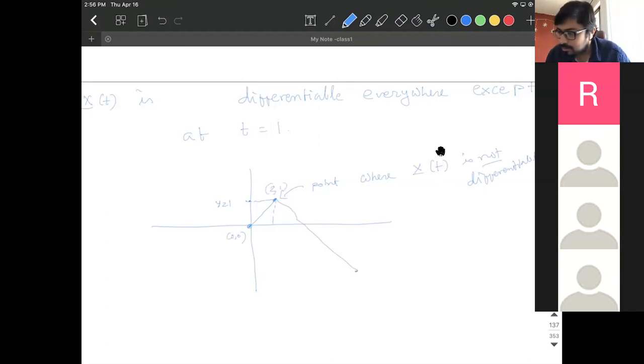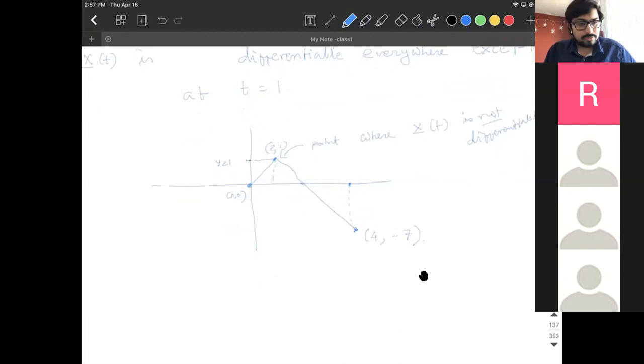And from here it continues up to this point, which is (4, ...). So what is 5 minus 4t? t is 3, so 12 minus 7. Okay, so this is how it looks.